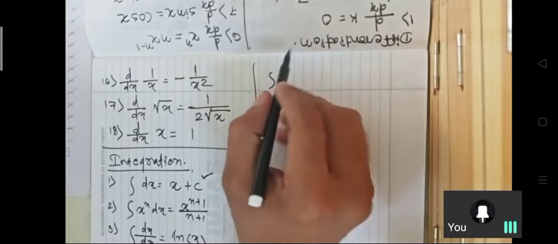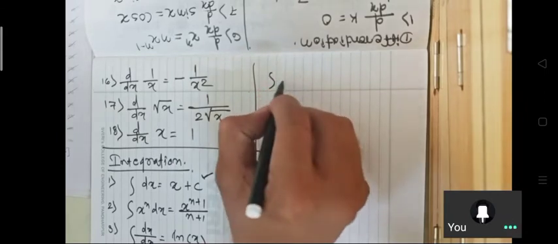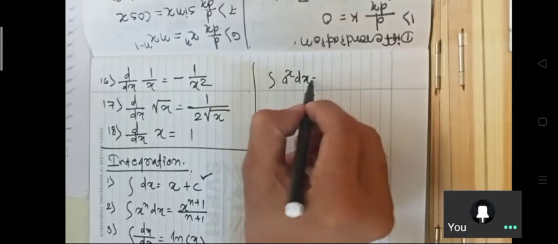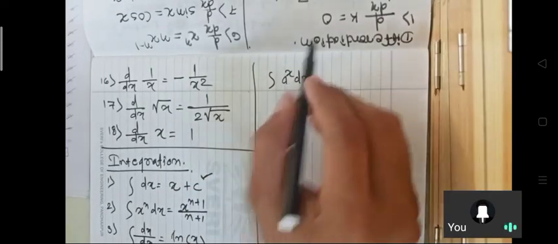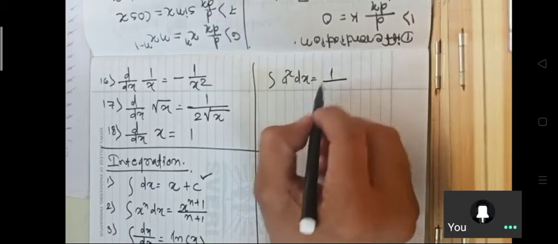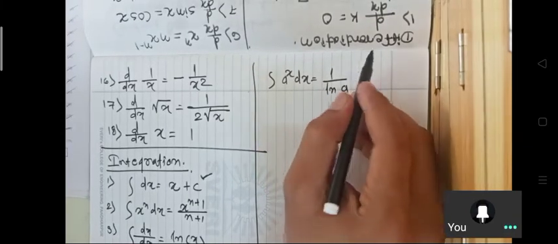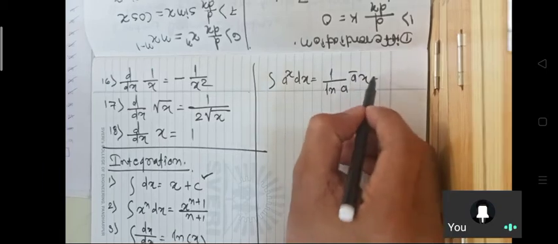Next is integration of a raised to x dx. This is equal to 1 upon log of a, times a raised to x, plus c.